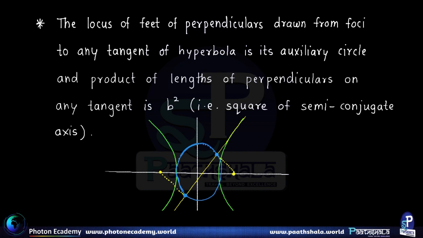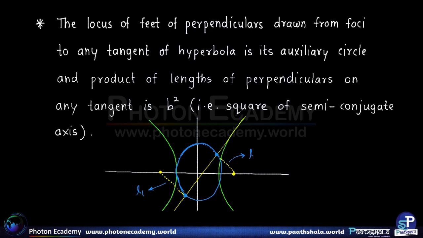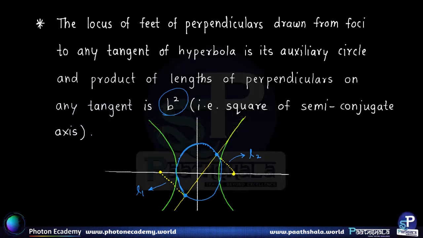And the product of lengths of these perpendiculars, let's call the length of the first perpendicular, from one focus, L1, and the other L2. The product of L1 and L2 is always equal to B square for any tangent. Since I have shown the hyperbola in the standard horizontal manner, B means the semi-conjugate axis, that is half of the length of the conjugate axis.